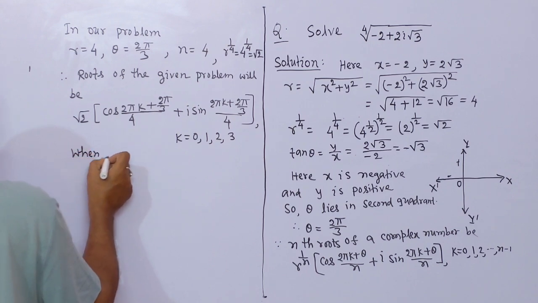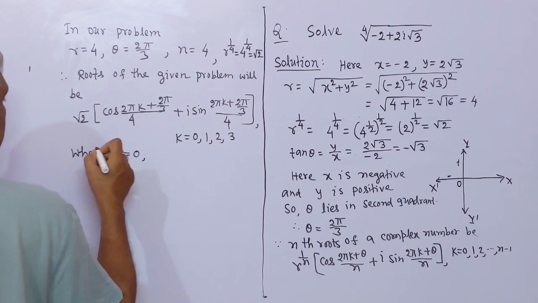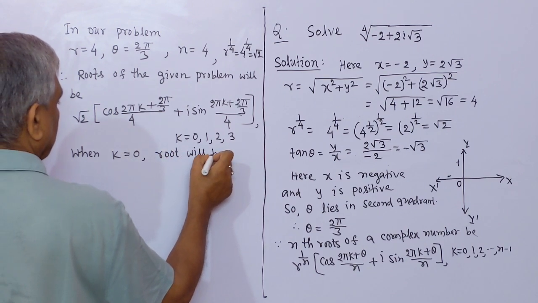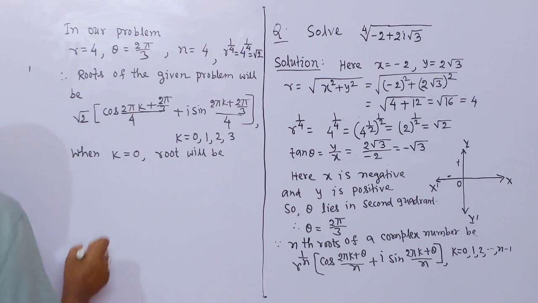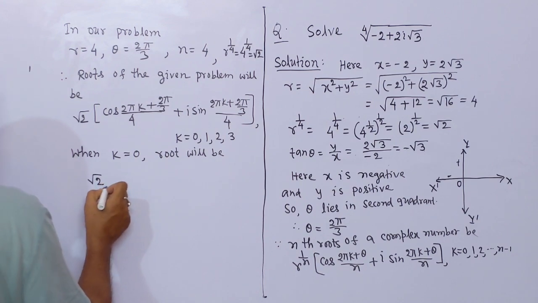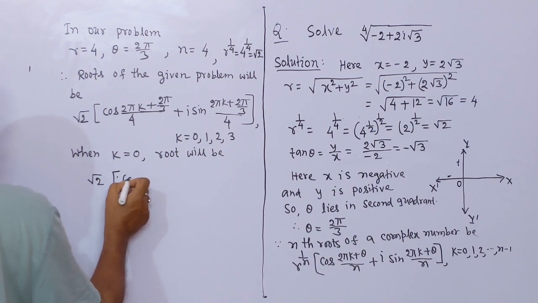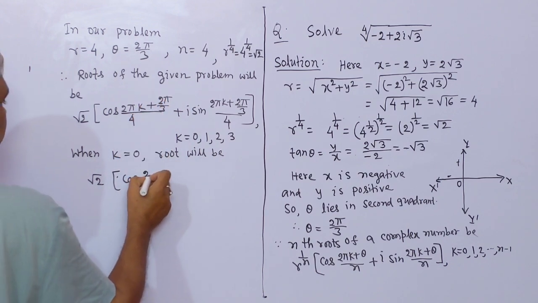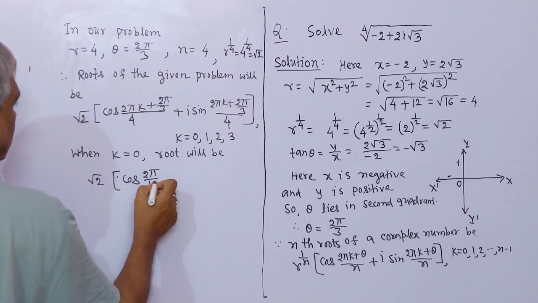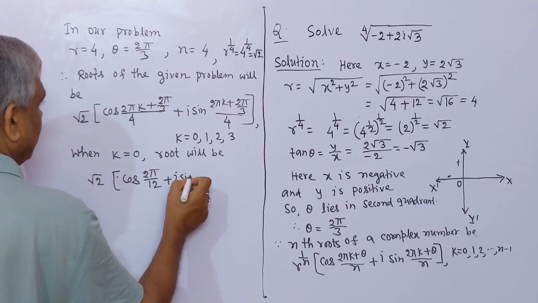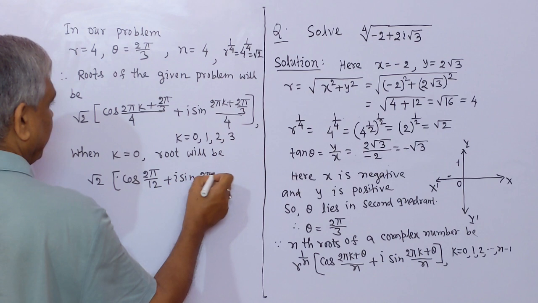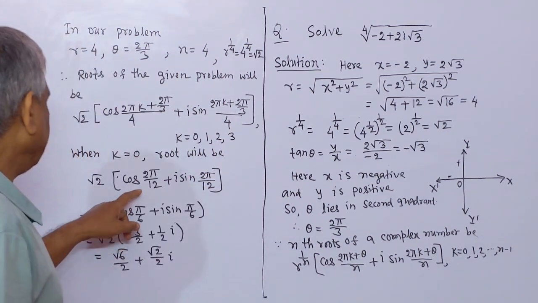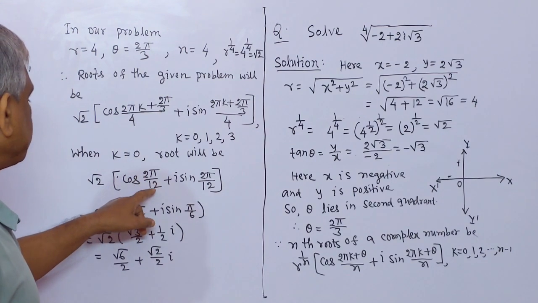When k equal to 0, root will be square root 2 cos 2 pi by 12 plus I sin 2 pi by 12, and this will be 2 6s are 12.